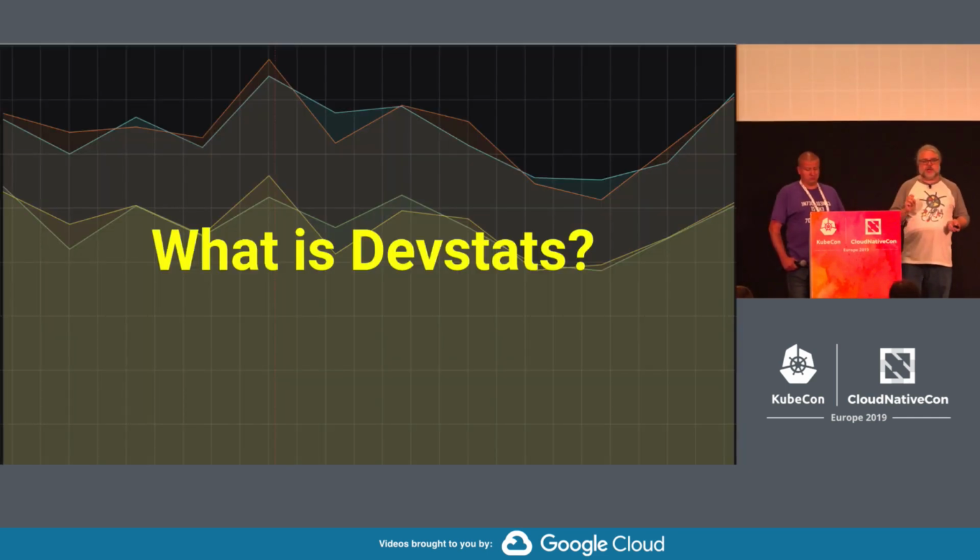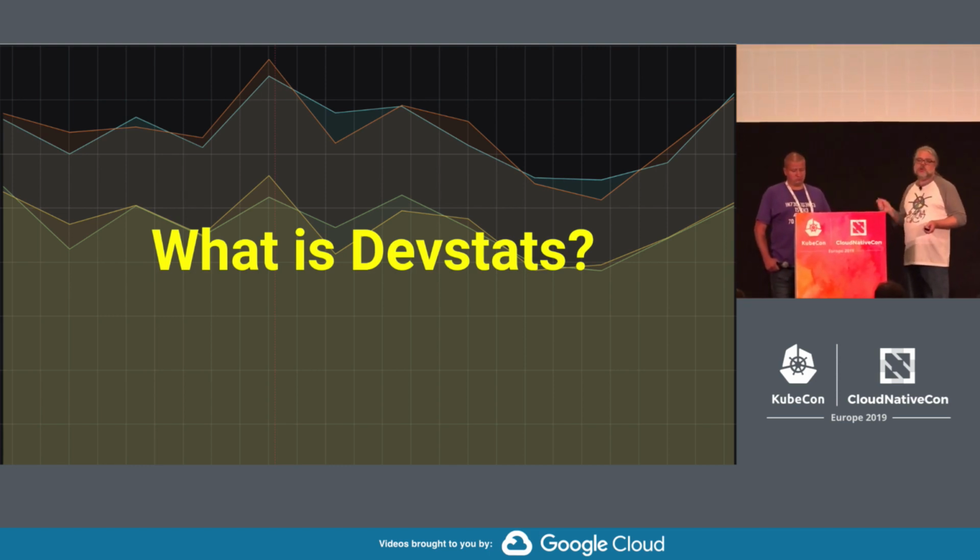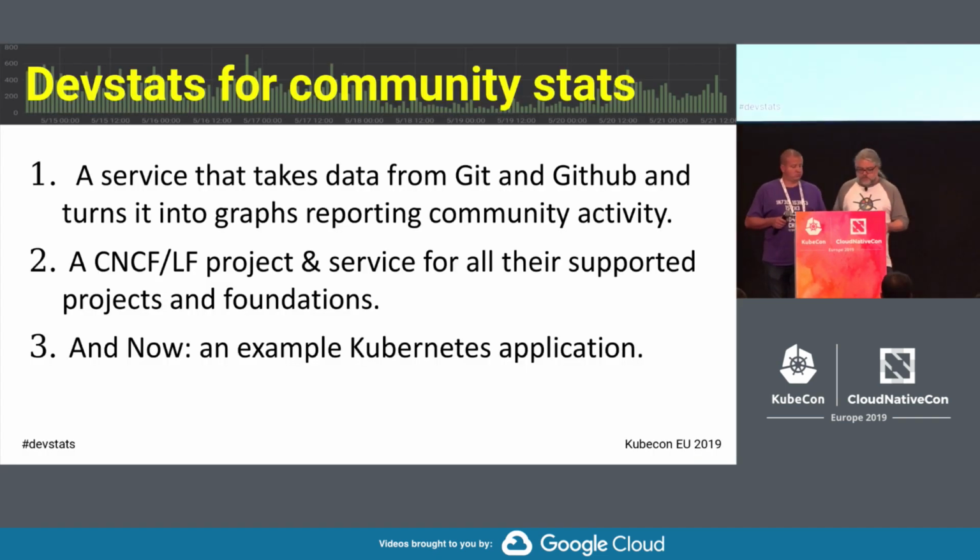Before we actually go into the details of what that looks like, let's explain what DevStats is so you'll understand what the parts of this application do. DevStats is a CNCF-created tool. The main reason for it is to analyze contributions and development process across the CNCF projects.